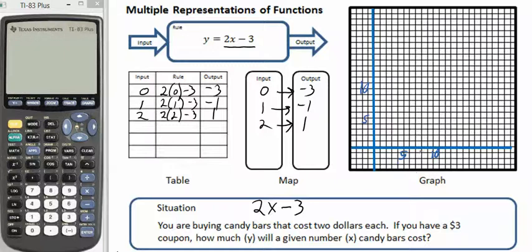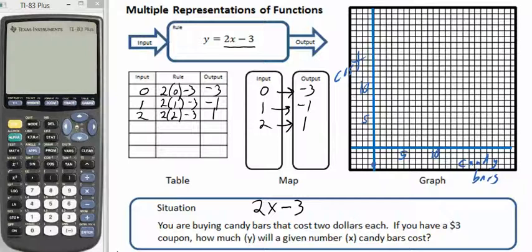Okay, so if we graph this, I'm just going to graph the points we had so far. When x is 0, we should really label this, candy bars, and this would be cost. At 0 bars, we still have our coupon, so they owe us $3.